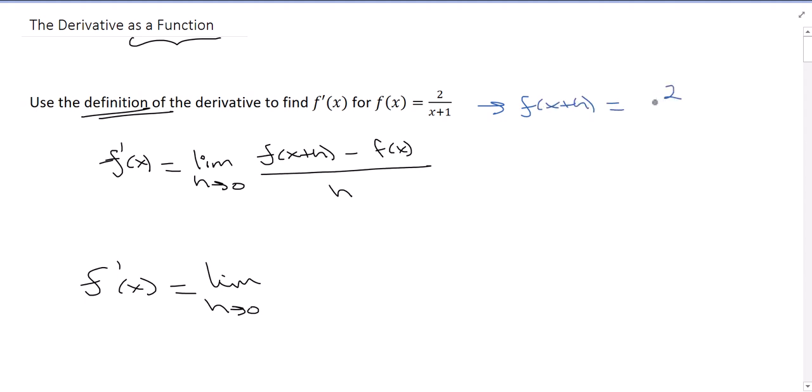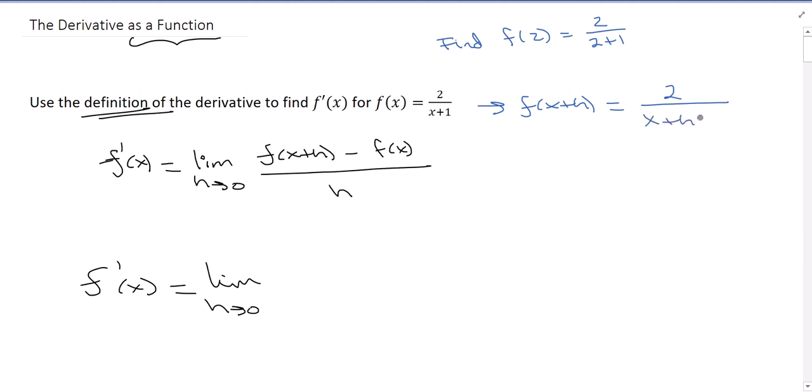That means anywhere you see an x, we plug in x plus h. Replace the x with x plus h. Imagine if I asked you to find f of 2, what would you do? You would replace the x with 2, so this will be 2 over 2 plus 1. It's the same thing here.